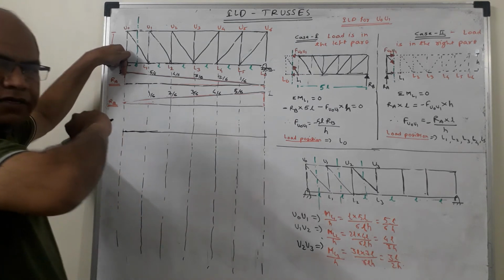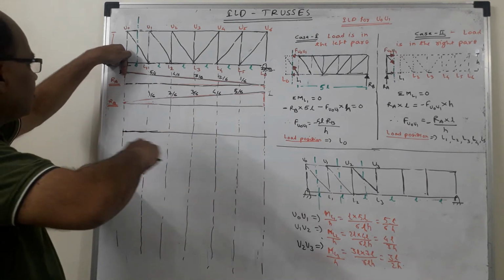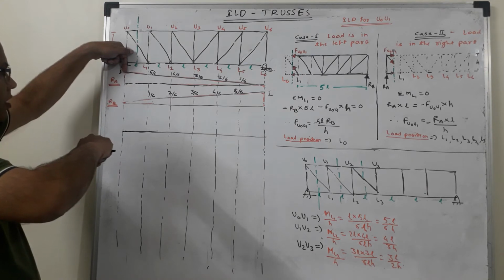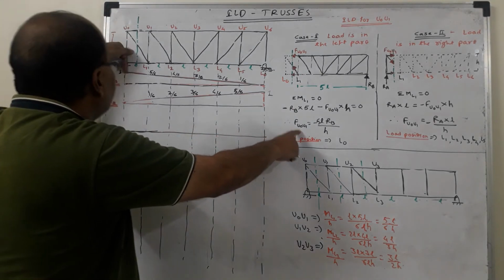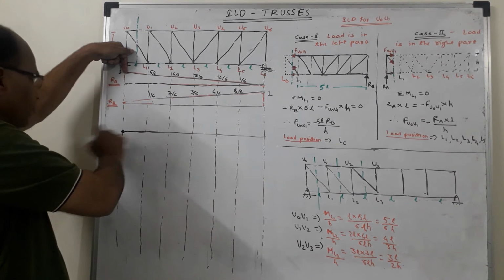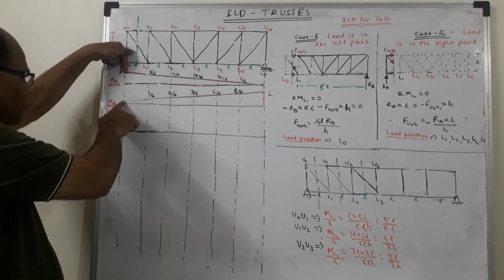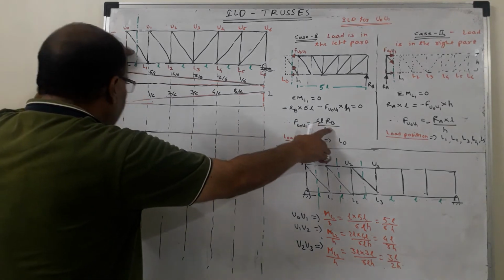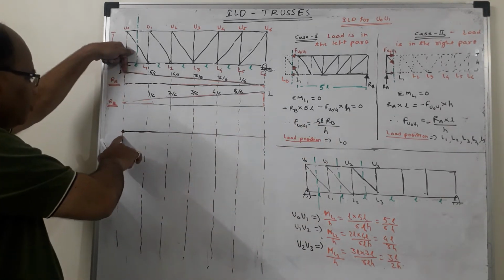So when the load is over here, F U0 U1 is governed by RB, but RB is 0 itself, so I substitute it over here and F U0 U1 works out to be 0.